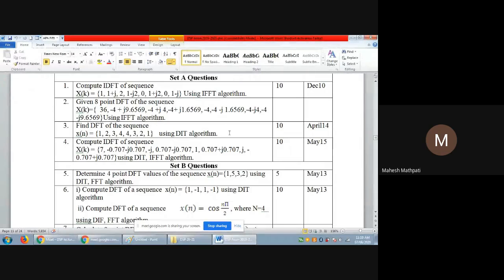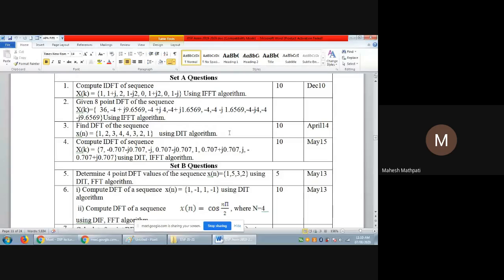Through you I am just discussing with all. It is a kind of revision for others. So how do you solve this? The values of x of n are given, stages will come.